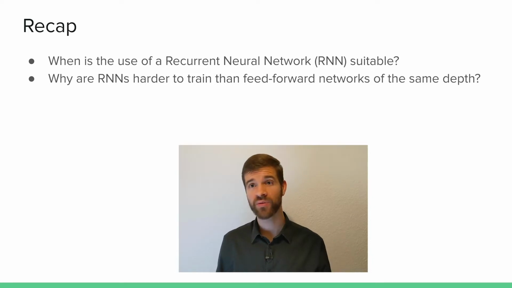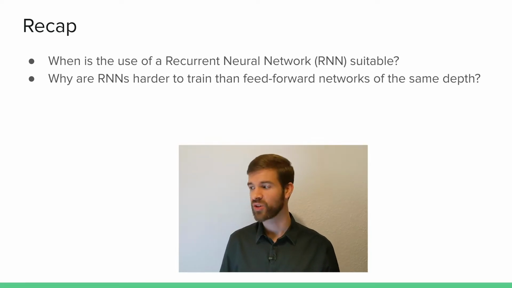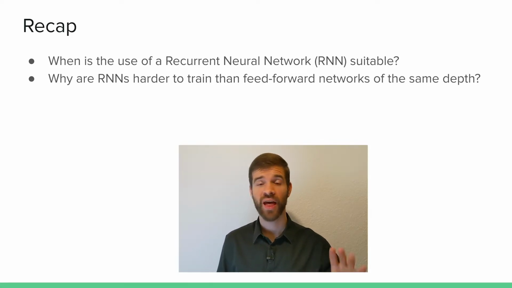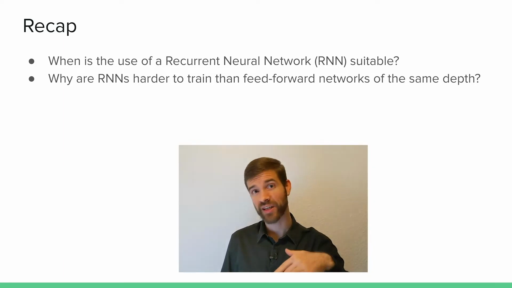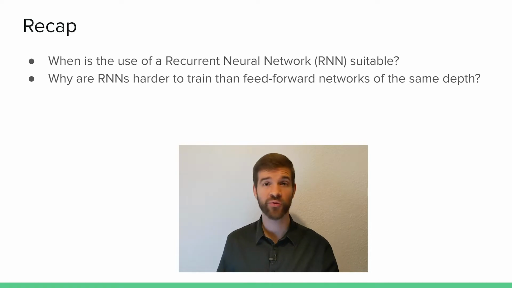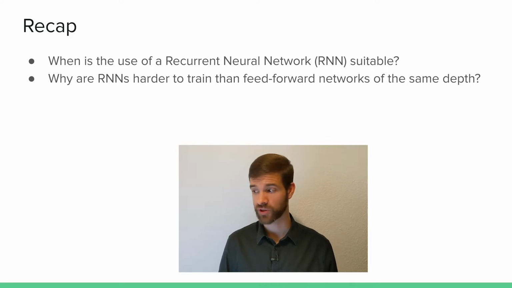So it could happen that your value really shoots out of the window and explodes. This is challenging, whereas in a feed-forward network, every layer has a different weight matrix. The weight can go up, but in the next layer it might go down again. Therefore they're easier to train than a recurrent neural network.